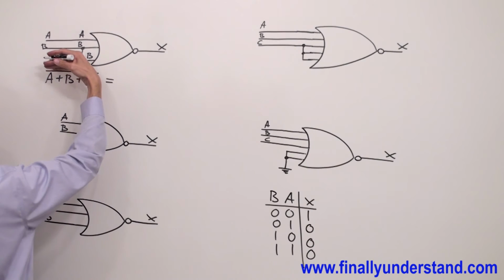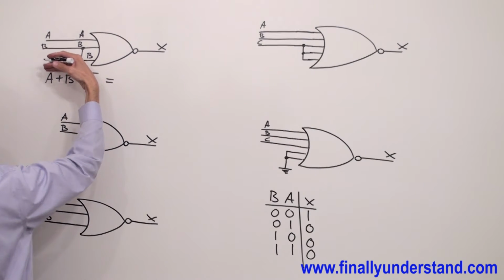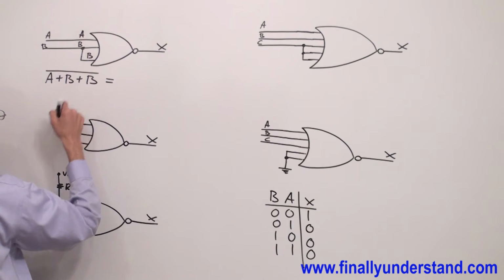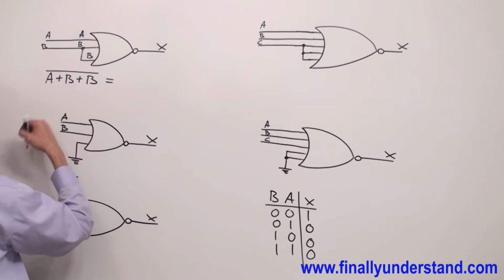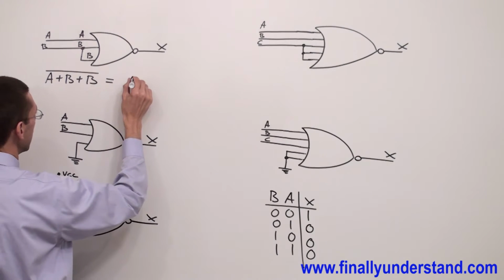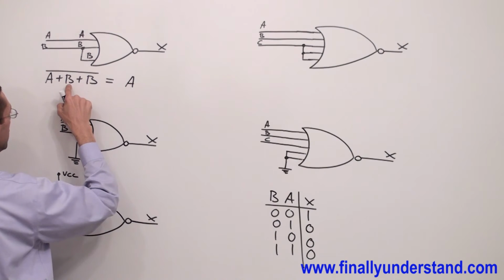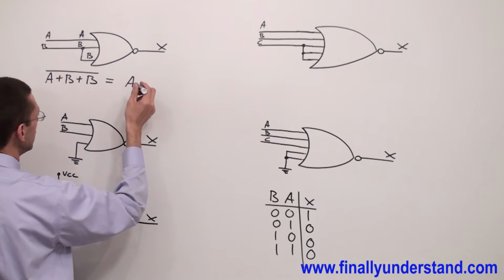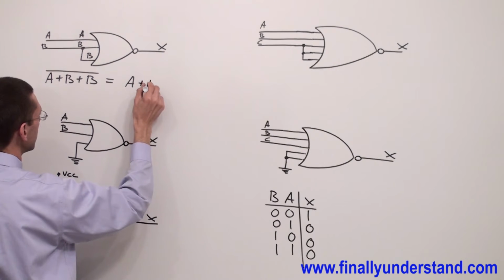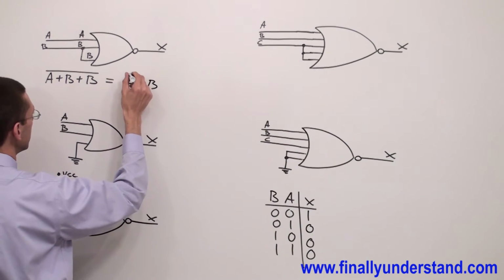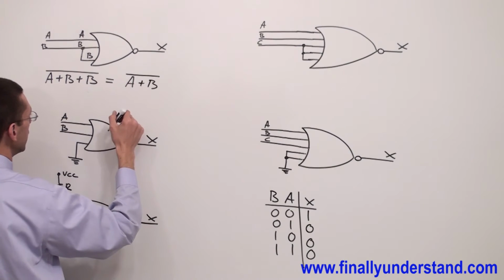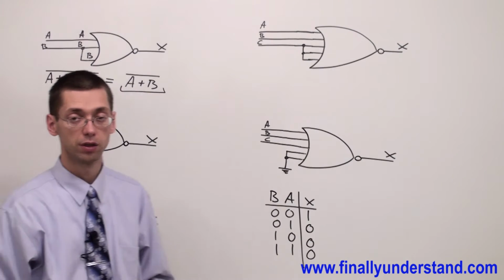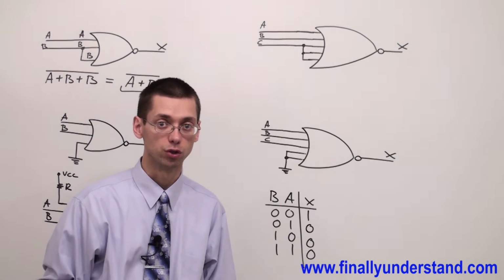Okay? If you are going to ignore for a moment negation bar, you are going to have nothing else, just OR expression. Okay? And we have simply A, and I have B or B. B or B, we said, is equal simply B. And now we're supposed to bring back the negation bar, and we have nothing else, just the logic expression for 2-input NOR gate.